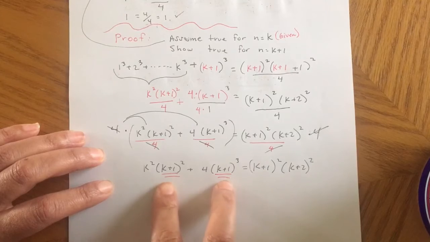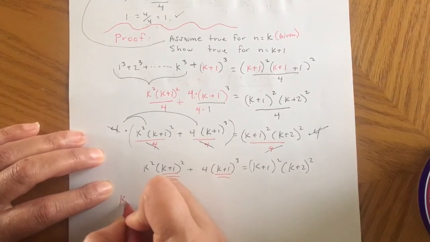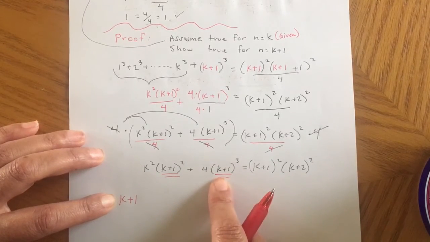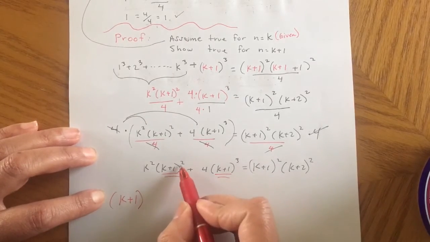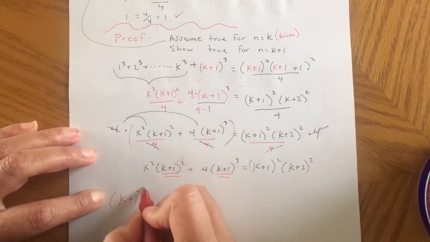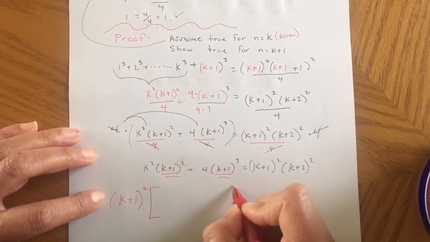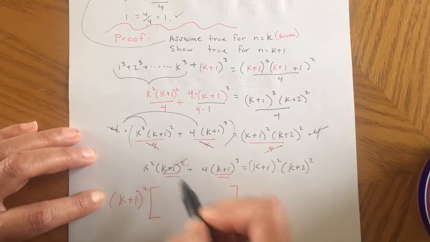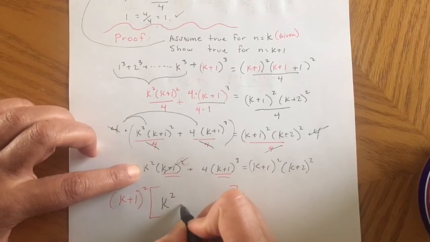So I'm going to take out the k plus 1, because it's like the GCF, what they have in common. Now I'm going to take out 2 because it's to the second power. So if I take out the common term, I'm going to bring this down because I'm left with k squared.